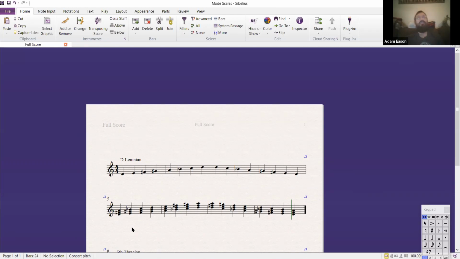And this, depending on your final note, kind of messes around with what our ears naturally expect as tendency tones.